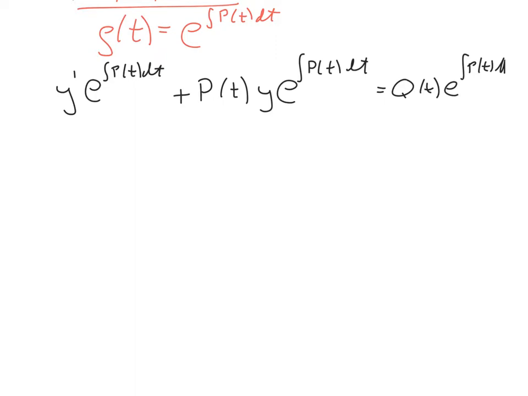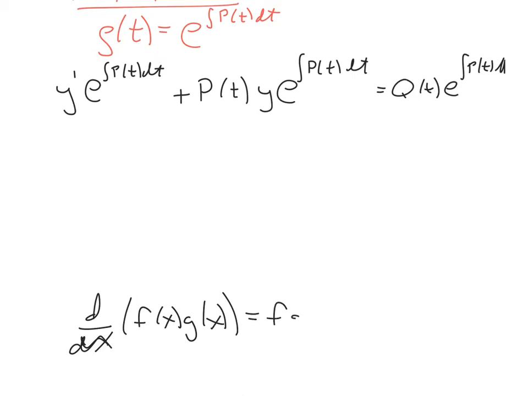So, as a sidebar, let's just recall that the product rule is d by dx of f of x times g of x equals f times g prime plus g times f prime. Okay, so I'm hoping that the left-hand side of my differential equation is the result of the product rule. And indeed it is, by the way we've constructed our integrating factor.